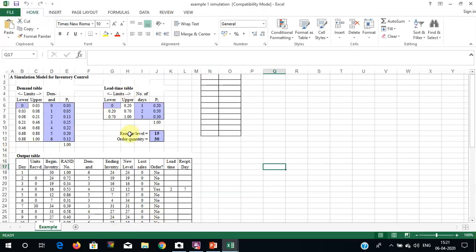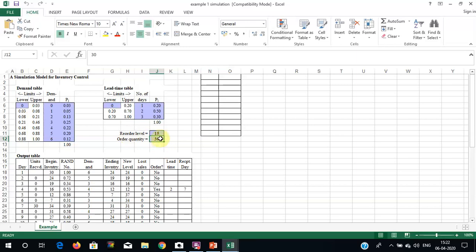You have Mr. Subhash. He is running an inventory control policy where he wants a reorder level of 15 units, and once the inventory reaches 15 units, he orders 30 units from the supplier.